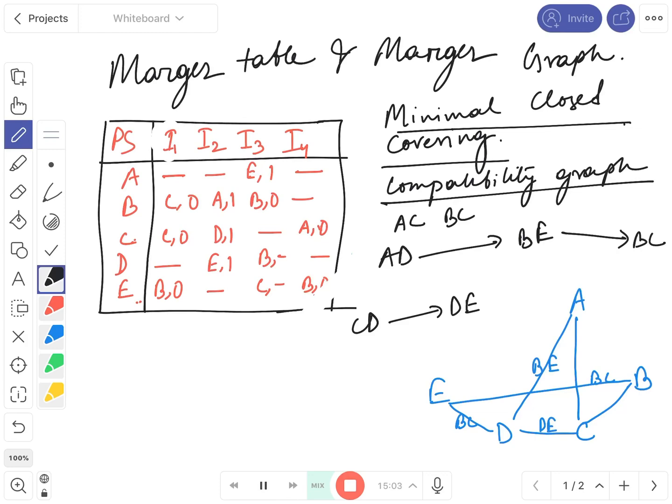So DE to BC is there, AD to BC and AD to BE, B to BC is there.